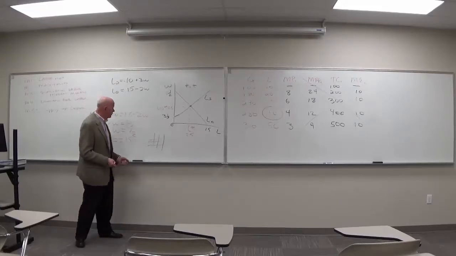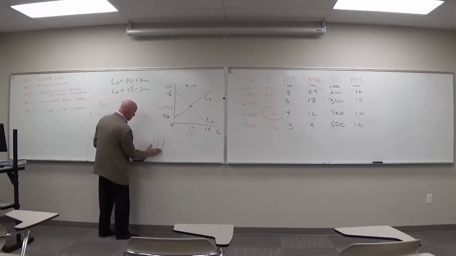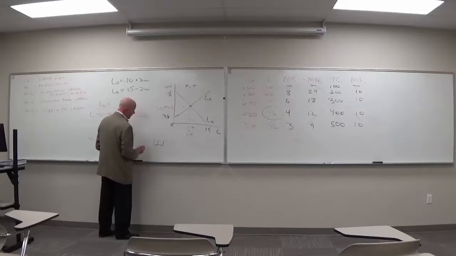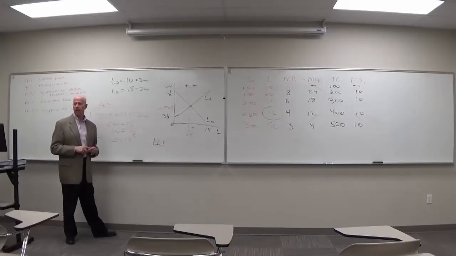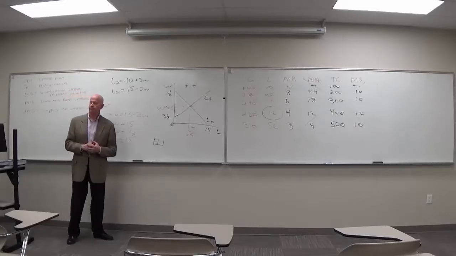Some people will do this thinking, well, he's given this to us. This bottom here, that must be the L-axis, that must be the W-axis. And they start drawing lines and putting numbers up. And if you don't give me the axes, I don't know that you know the relationship with the axes. Okay?